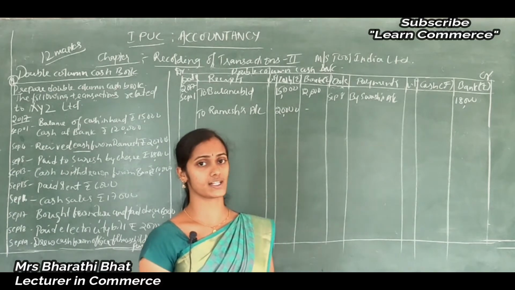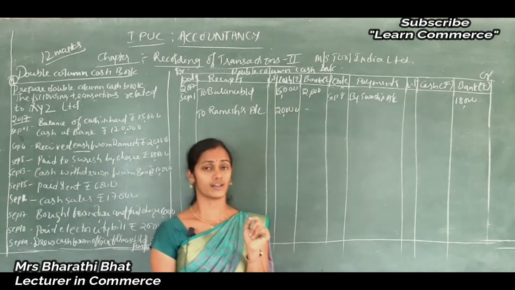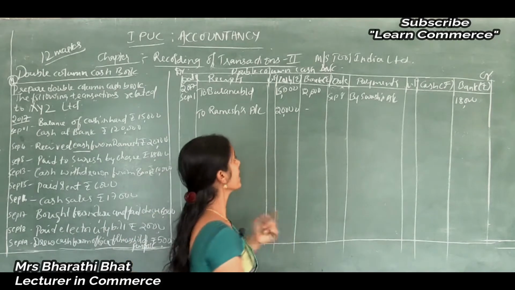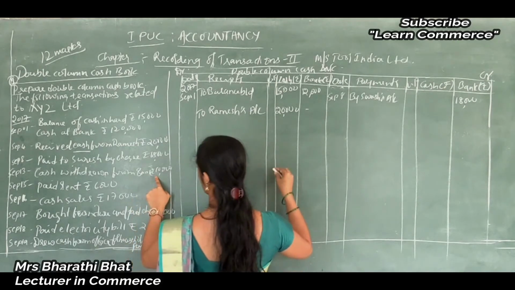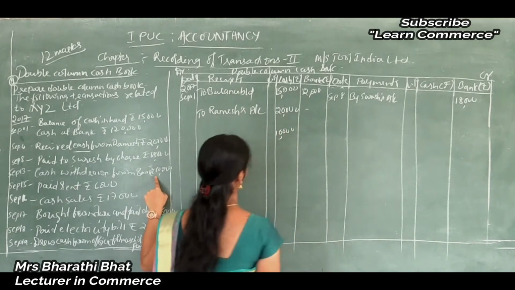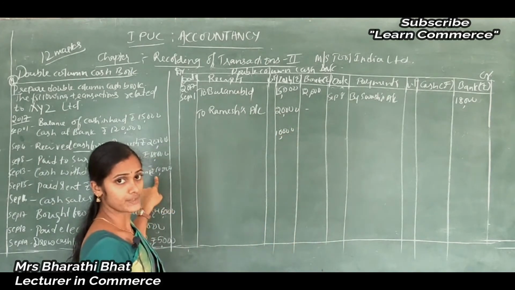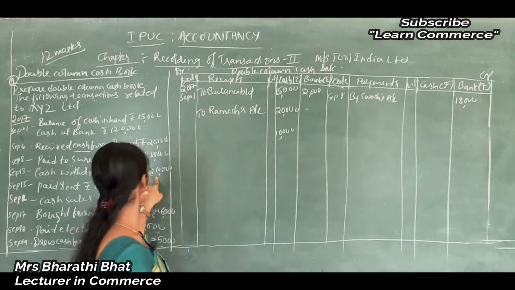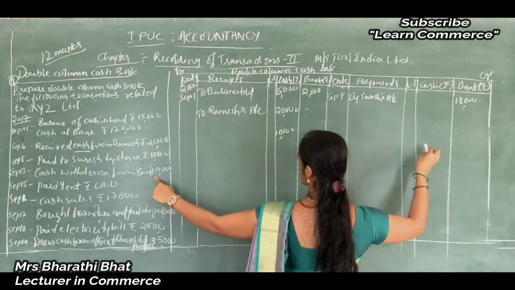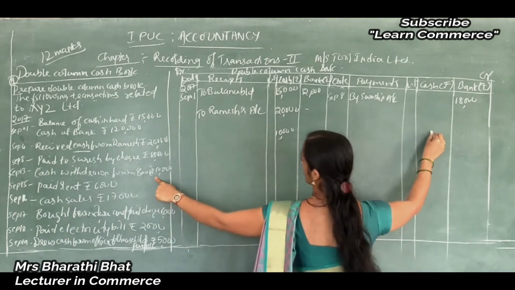Next one, cash withdrawn from bank. Similar to the previous sum, cash withdrawn. When we withdraw some amount from the bank, our cash shows increased value. So write the amount in the cash column, receipt side. Cash received, cash withdrawn from bank. Who is the giver? Bank is the giver.